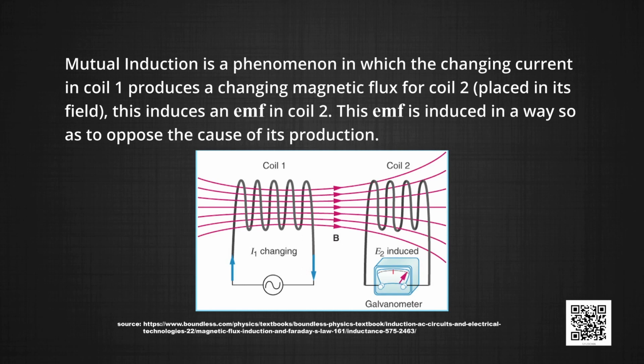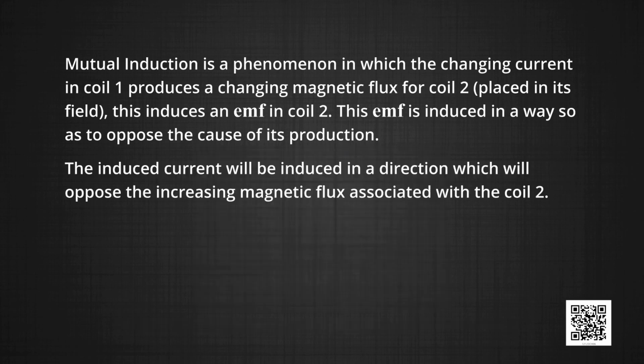This induces an EMF in coil 2. This EMF is induced in a way so as to oppose the cause of its production. The induced current will be in a direction which opposes the increasing magnetic flux associated with coil 2.